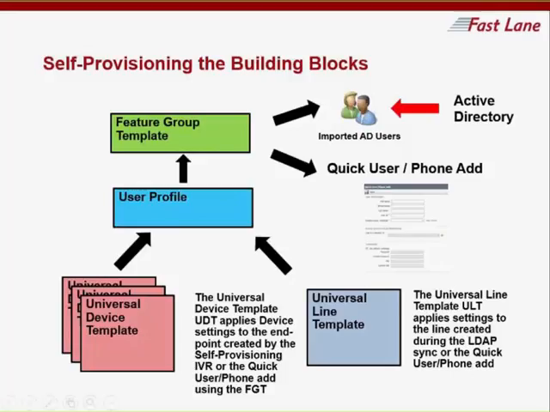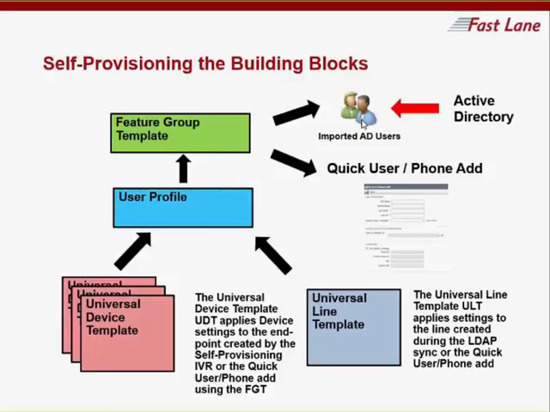Now, then, everybody, what happens then is we assign the user profile to the feature group template, or FGP. And what this does, guys, is this then gets applied, everybody, to the LDAP import. You'll notice with Core Manager 10, there's new settings under the LDAP synchronization to allow you to provide that feature group template.